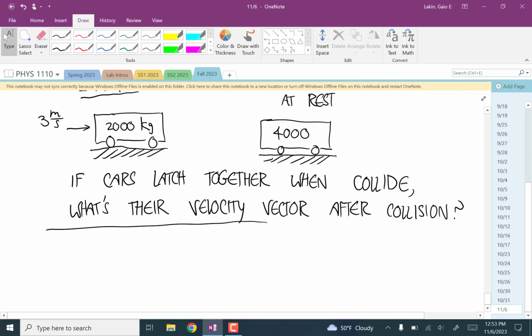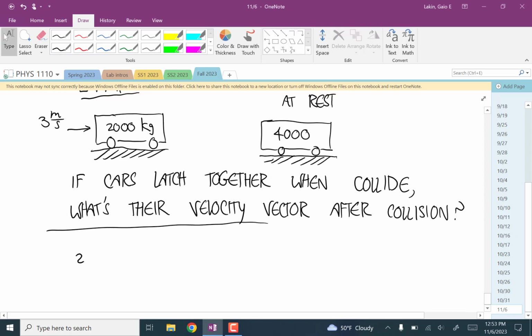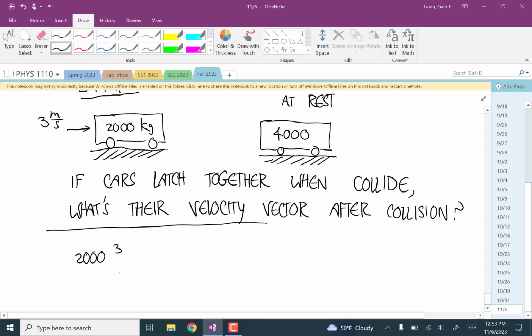Nope, so we can use this. Before the collision, we have 2,000 kilograms times the vector positive 3, 0. The other object, 4,000 kilograms, is at rest, so its velocity before the collision is 0, 0.